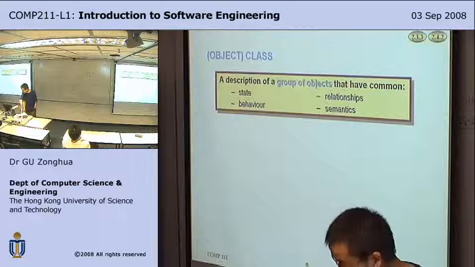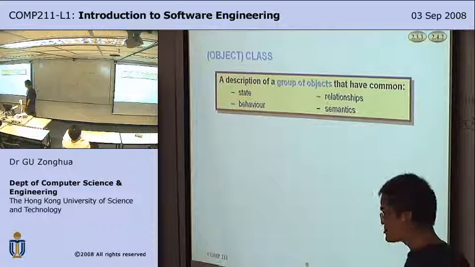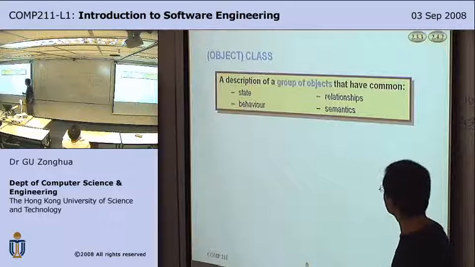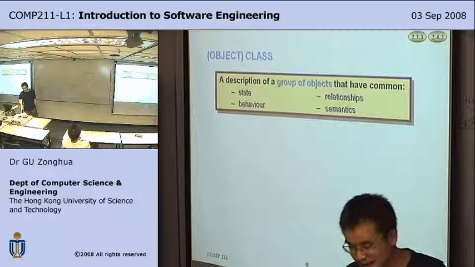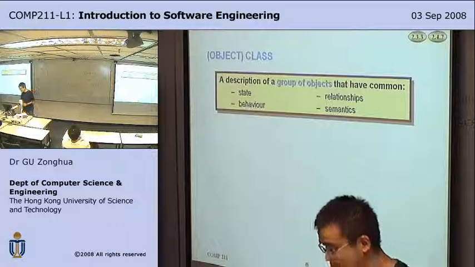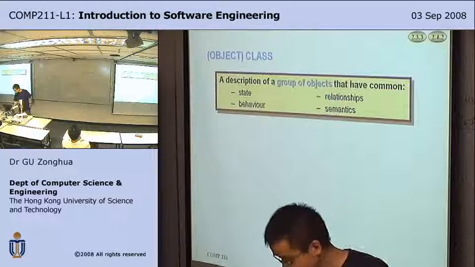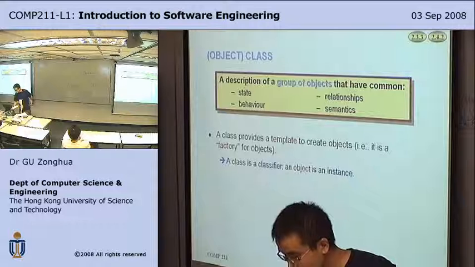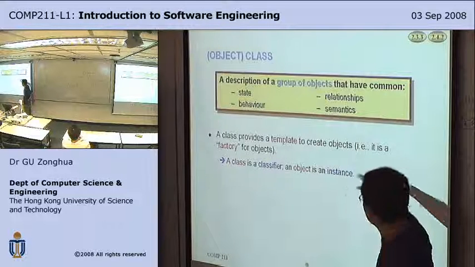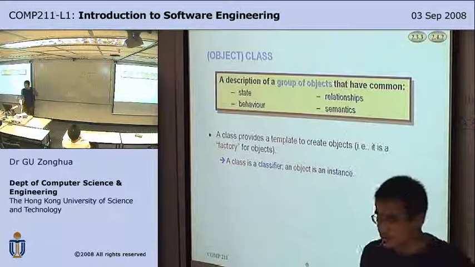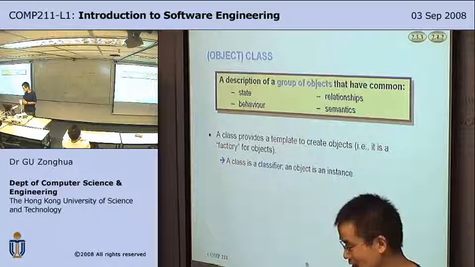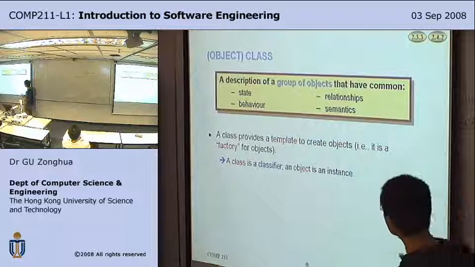A class is a description of a group of objects that have common state, behavior, relationships, and semantics. Semantics, this word, means meaning. What does it mean?